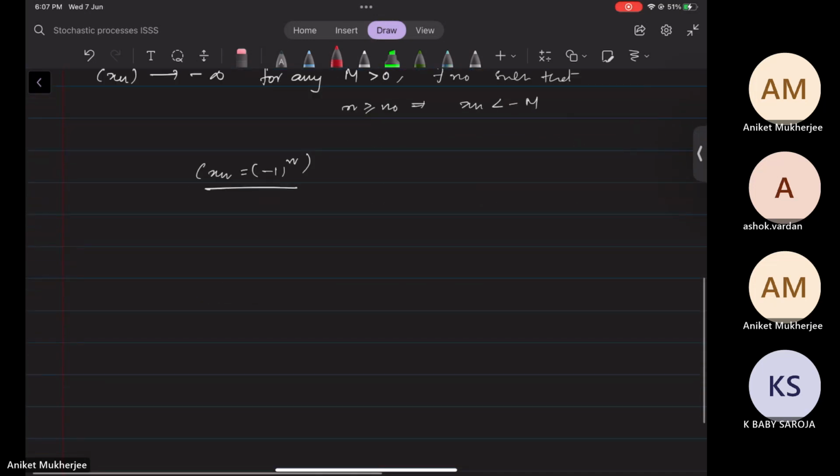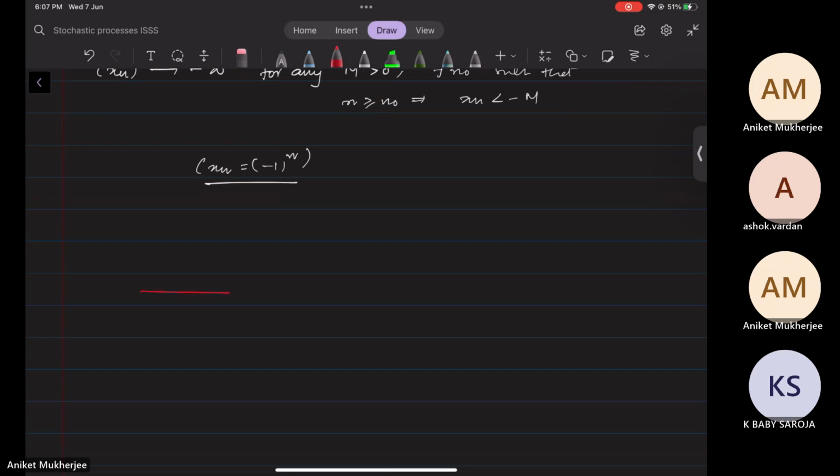So I'll just draw a small graph of what convergence actually means. So suppose this is your real number line. You have a sequence whose limit is x. This is your x, this is your limit.